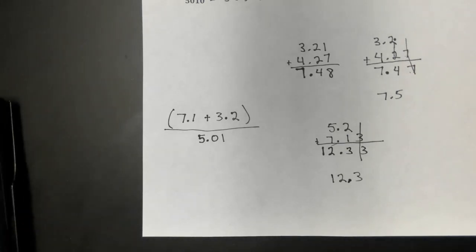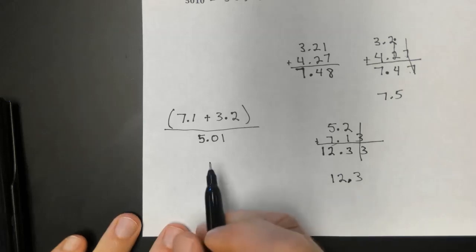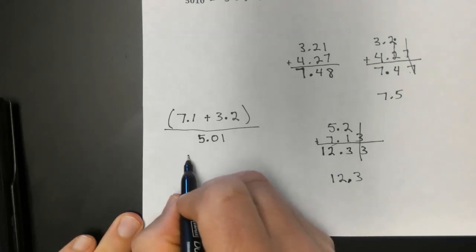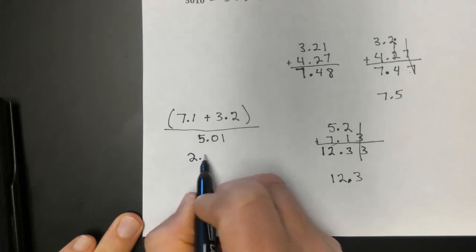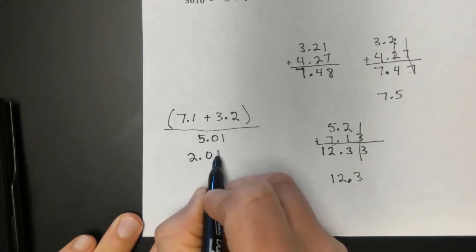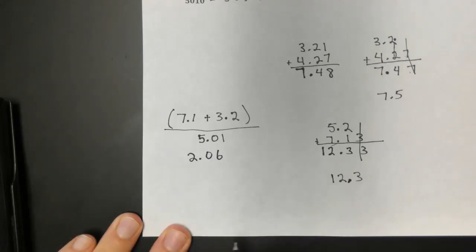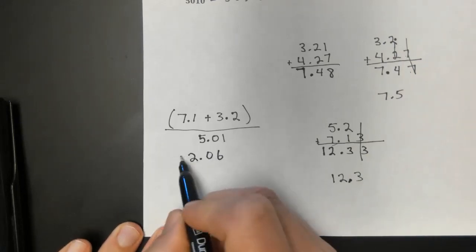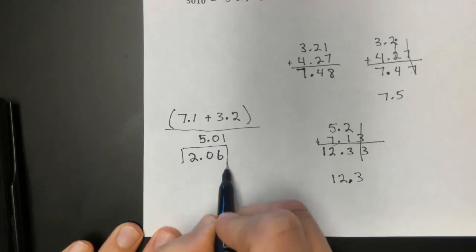How many significant figures are going to be in our answer? I'll tell you. It's going to be 2.06. We can only have 3 significant figures in our answer here.